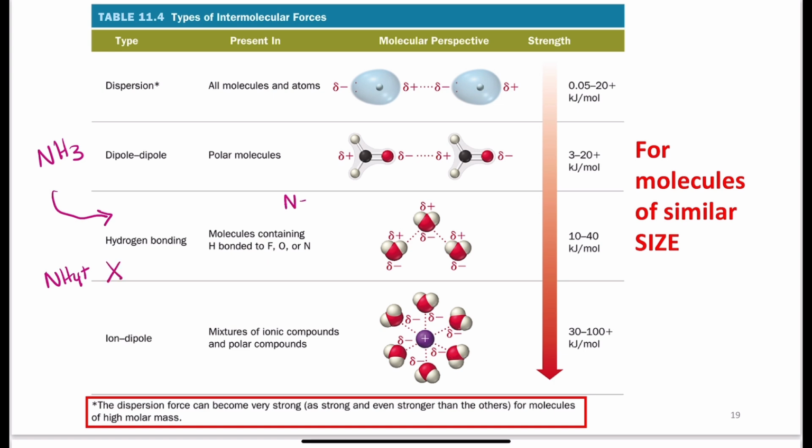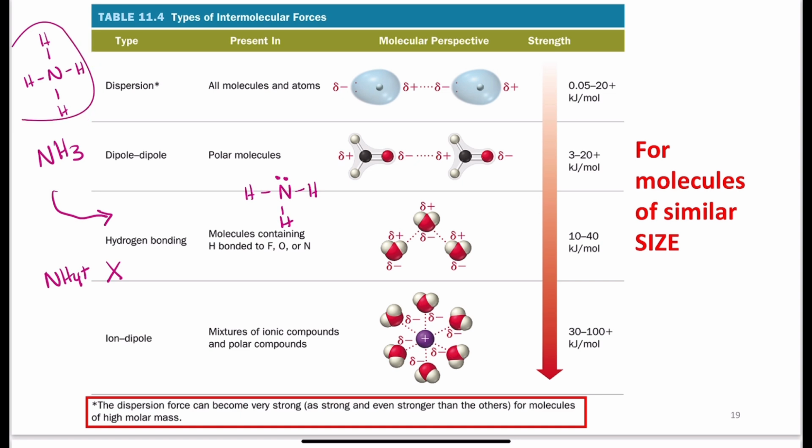And if you think about the Lewis structure, ammonia has a lone pair. It can hydrogen bond. Ammonium does not have a lone pair. So the ammonium could hydrogen bond to the ammonia, but ammonium cannot hydrogen bond to itself because it doesn't have a nitrogen with a lone pair.